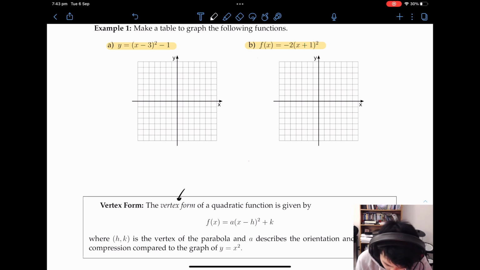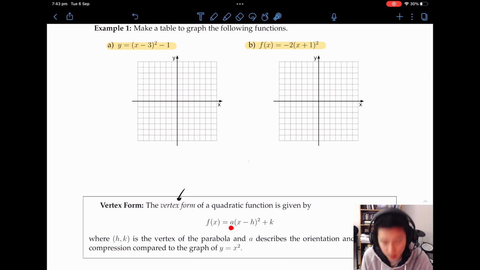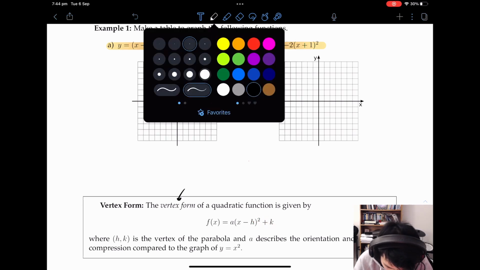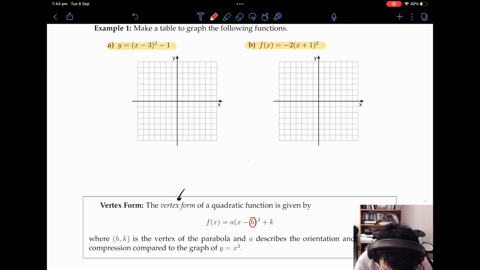So let's pay attention to the vertex form here. It says that the vertex form is a(x minus h)squared plus k. Now let's focus on this h and this k here. What is h and what is k? Well, (h, k), we're told, is the vertex of the parabola.